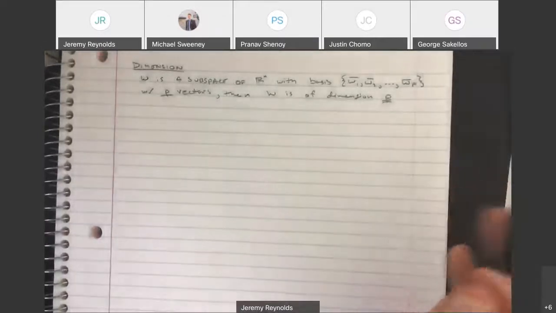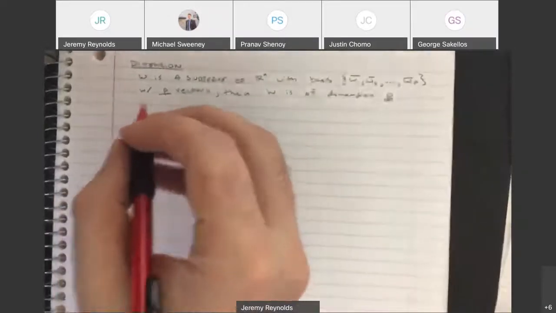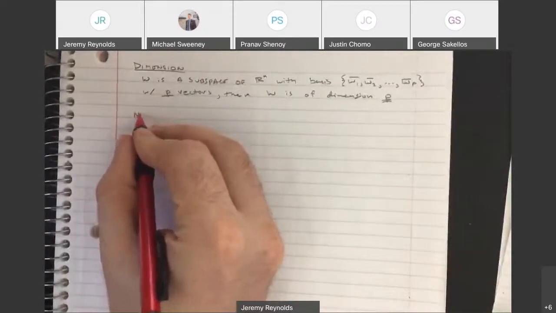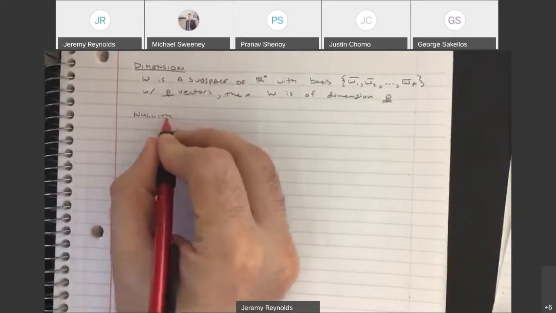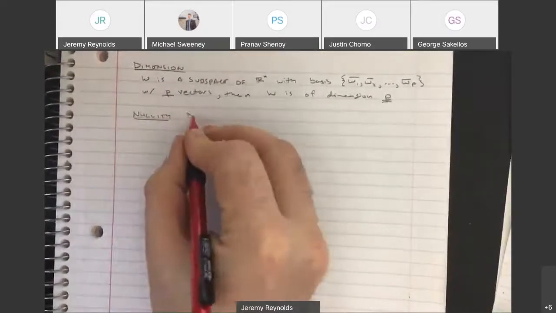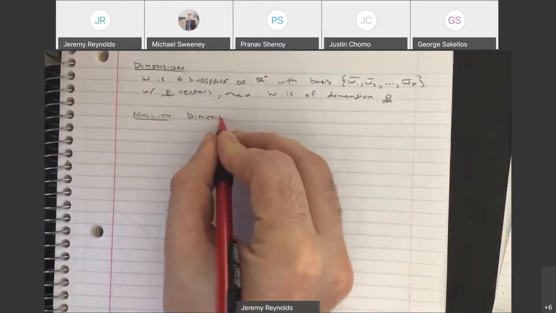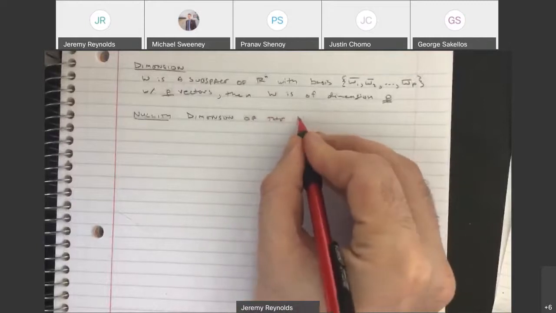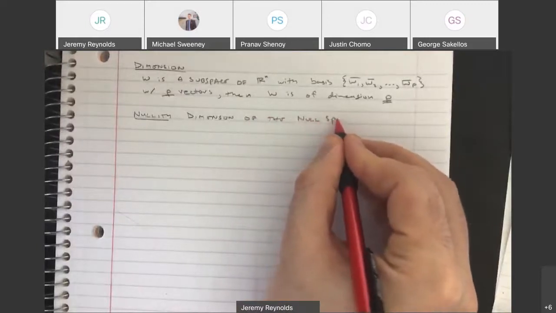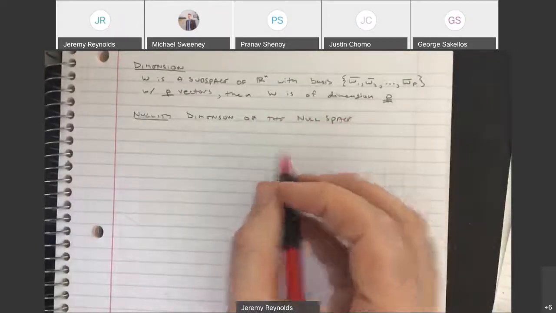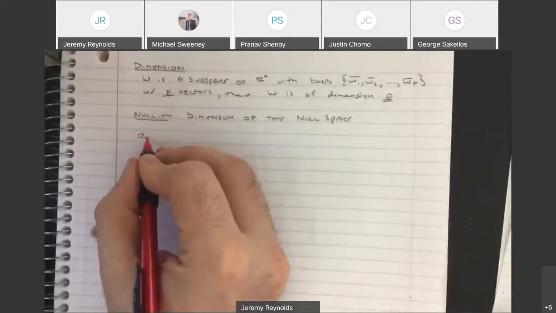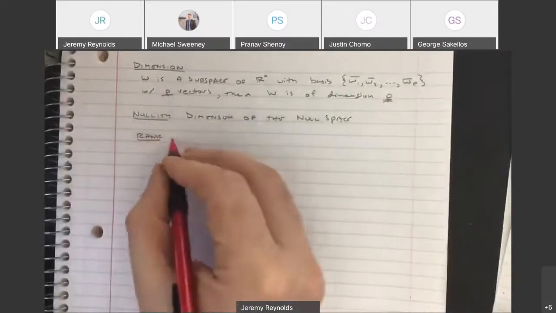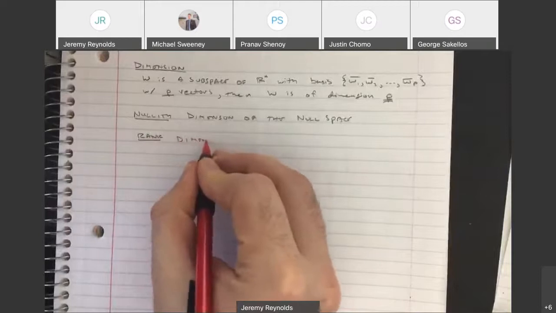Okay, and then very closely related are the nullity and the rank. So the nullity is just the dimension of the null space. And the rank is the dimension of the range.